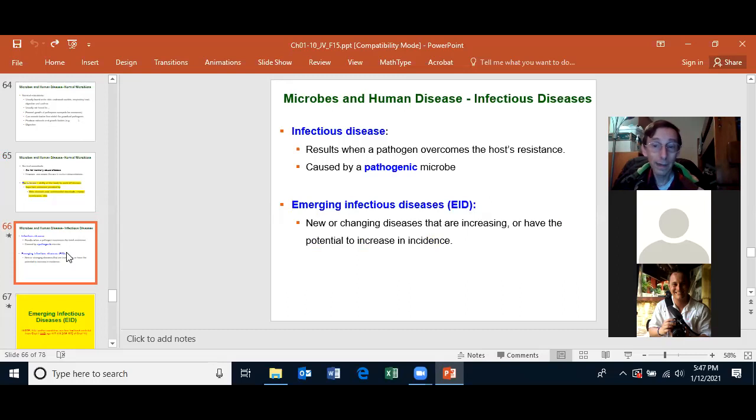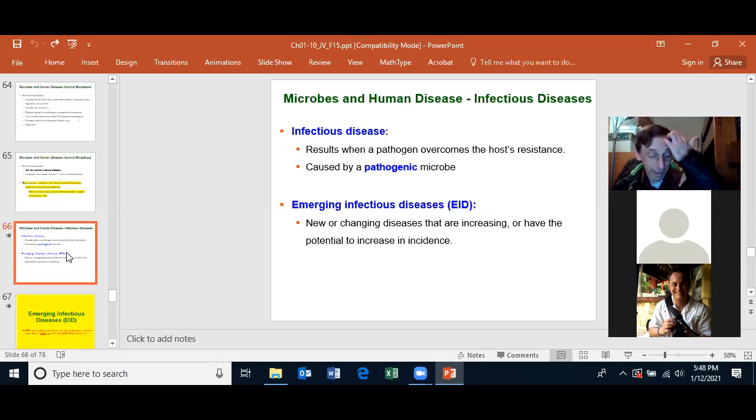So, right now, can anyone tell me an emerging infectious disease? The coronavirus, COVID-19. Yeah, COVID-19. Are you talking about a specific strain? Yeah, there's a new one, the 19B or something like that. All right, that's true.